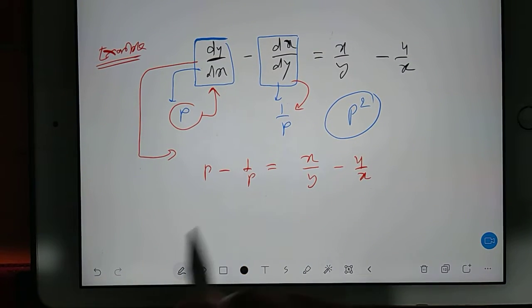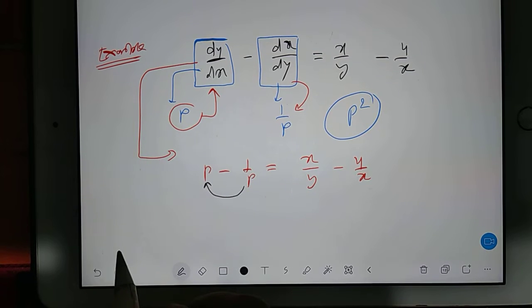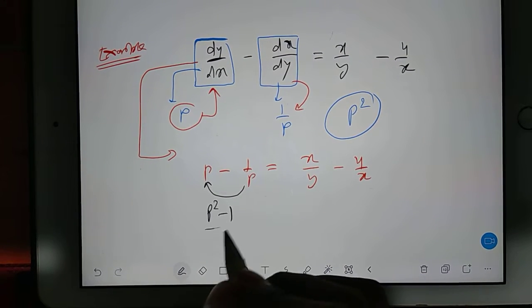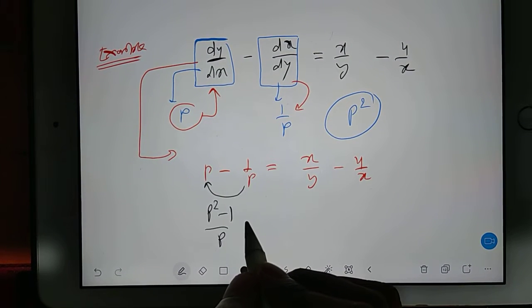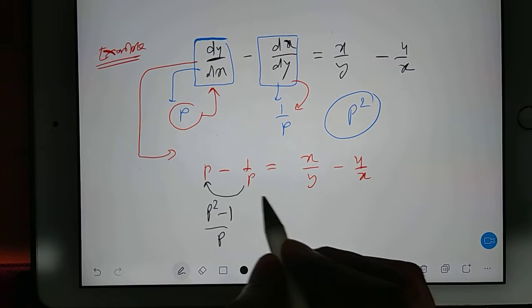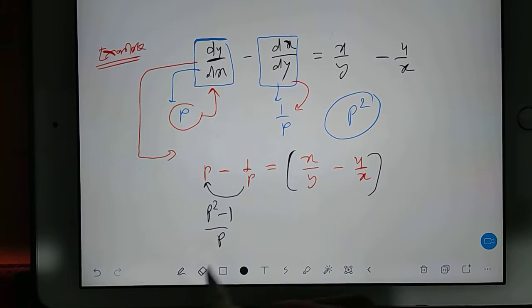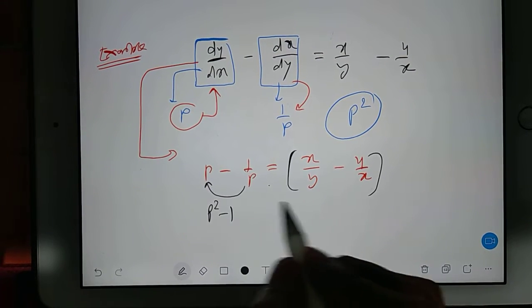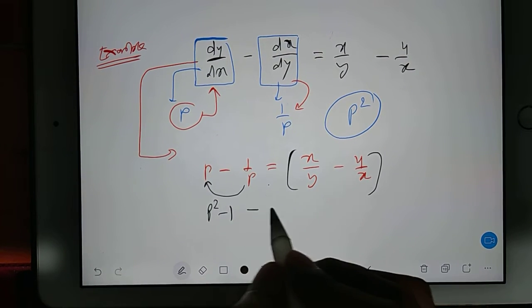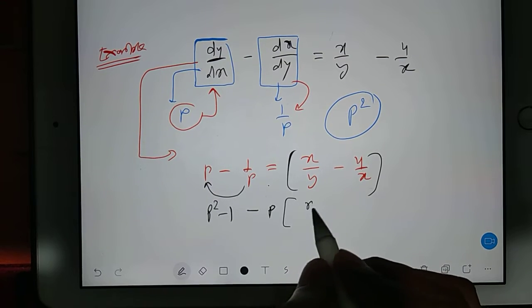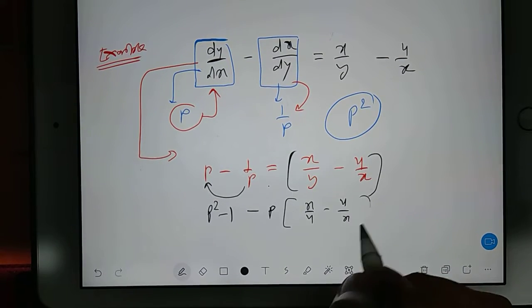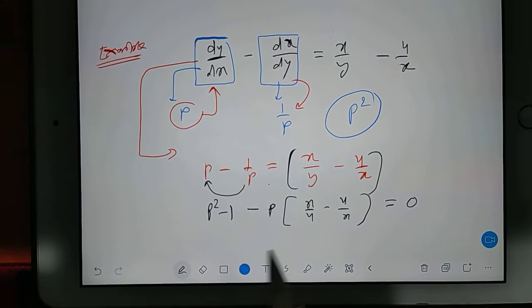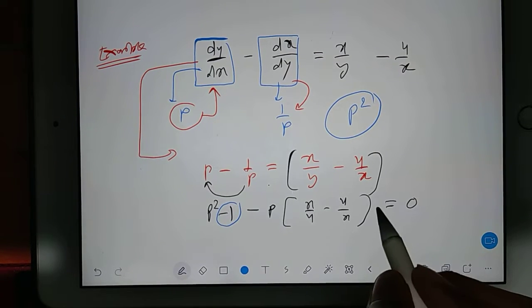After that I will multiply by p: p square minus 1 equals p times x by y minus y by x. And take the left side, so you can say p square minus p times (x by y minus y by x) minus 1 is equal to 0.